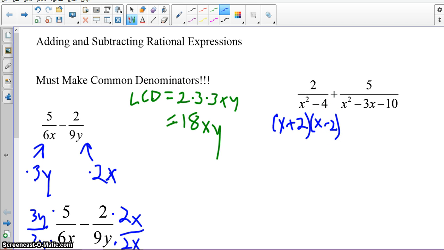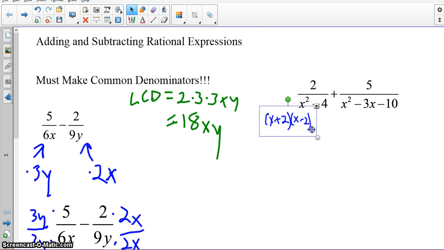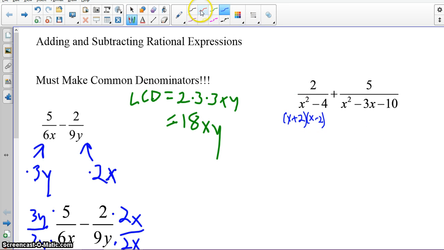Okay, that one hopefully is pretty easy. I hope. That's stuff that we've definitely been doing. So I just put it underneath, and then I should probably change colors because it's getting too messy. This one, you can factor with whatever technique you want. This is x minus 5, x plus 2.